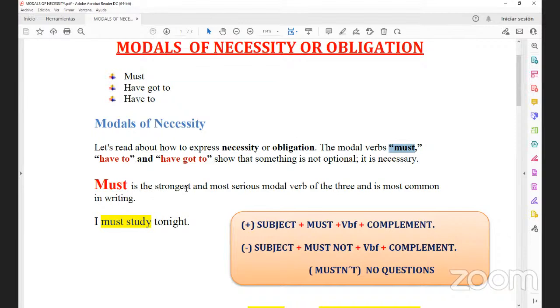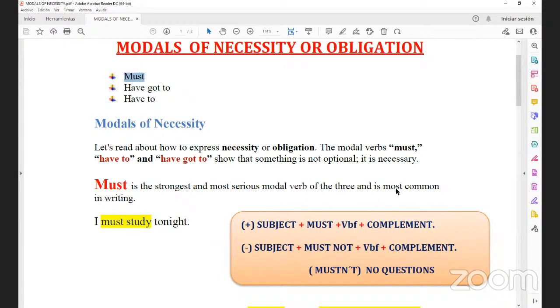So this is the strongest between have to and have got to. This is the strongest and the most serious modal verb of the three. In these three, this is the strongest.